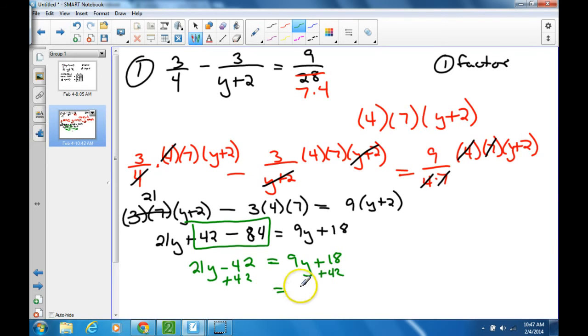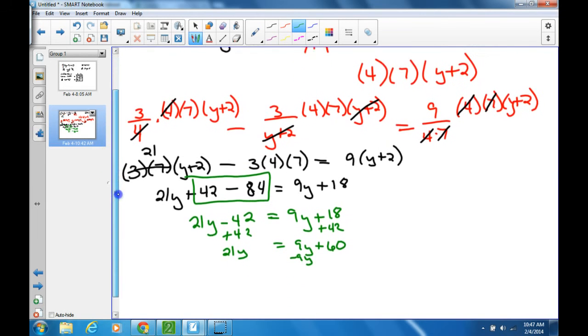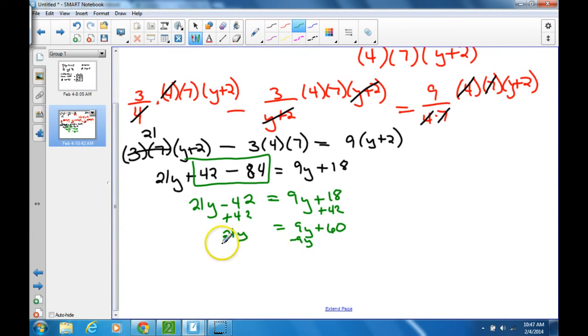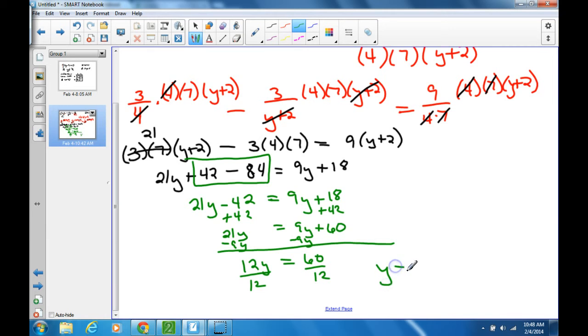And then you have 9y plus 60 and 21y over here. Now what? Minus 9y. I'm going to scroll this down a little. Minus 9y. So I have 12y equals 60. Divide by 12, so y is 5.